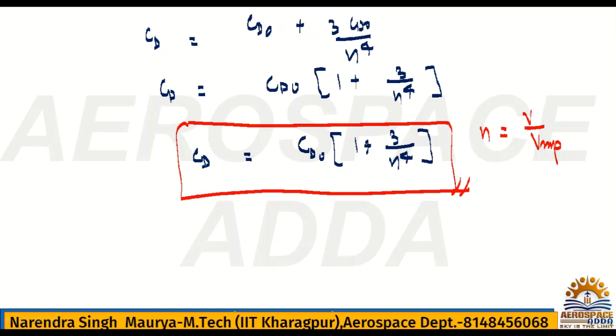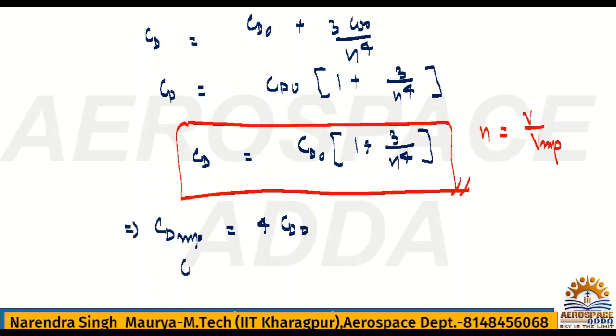CD is equal to CD naught times 1 plus 3 upon n to power 4. But what is the CD upon CD_MP? CD_MP is 4 times CD naught. How do you get this? It's very simple.